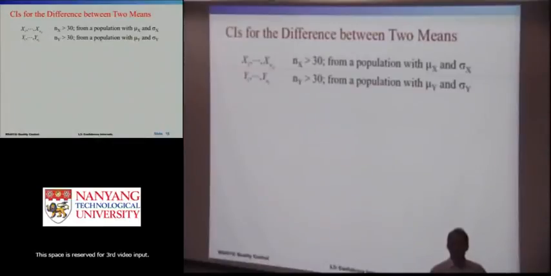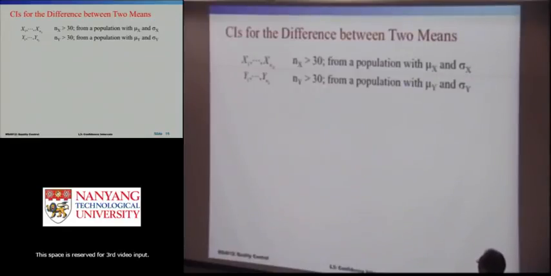Then we get one extension. So far, we just focus on the random variable of a sample mean. If we get two populations, the difference between two populations is another random variable. We get one sample from a population with average mu x and sigma x.